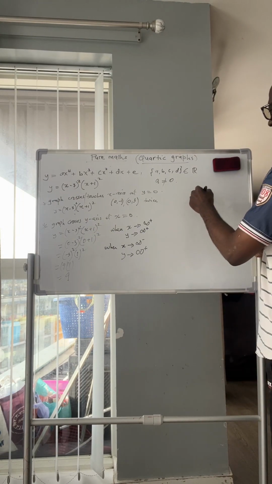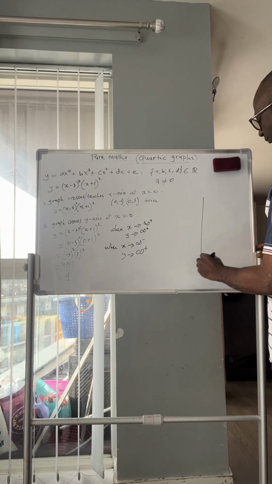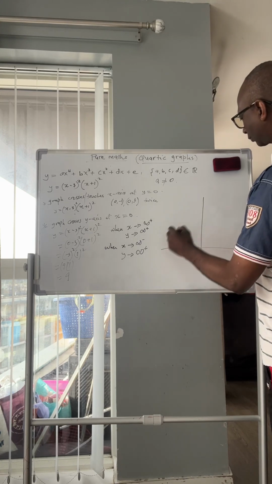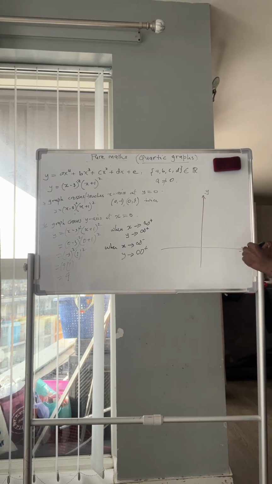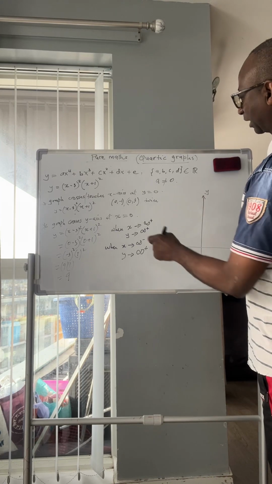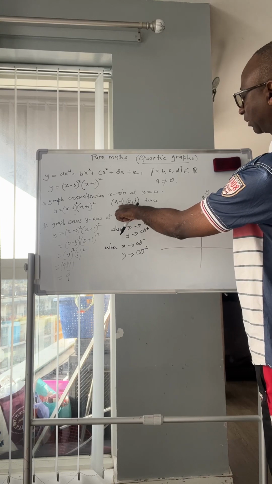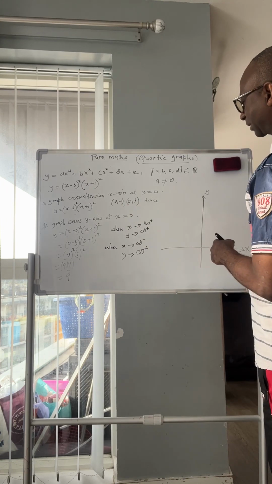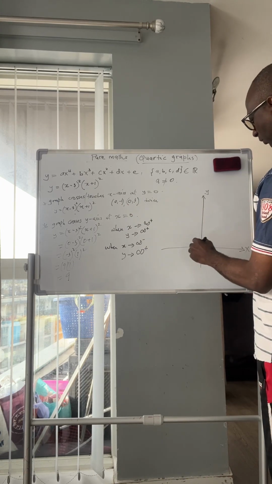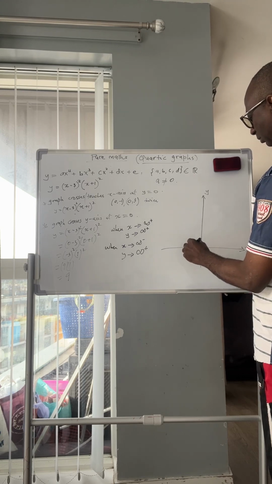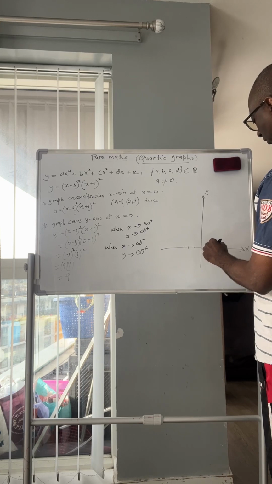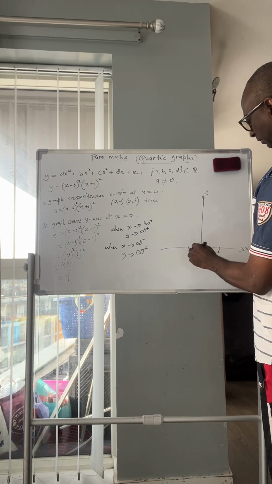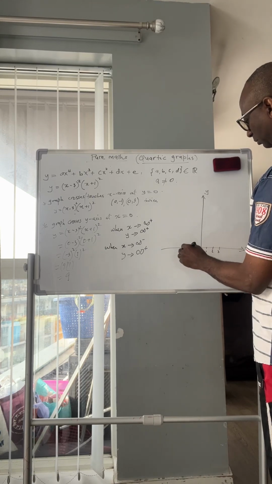Now let's start the process of sketching our graph. This is our y-axis and this is our x-axis. And we know we have minus 1 twice, 3 twice. So if I put here 1, 2, 3, 1, 2, 3, 1, 2, 3, minus 1, minus 2, minus 3.